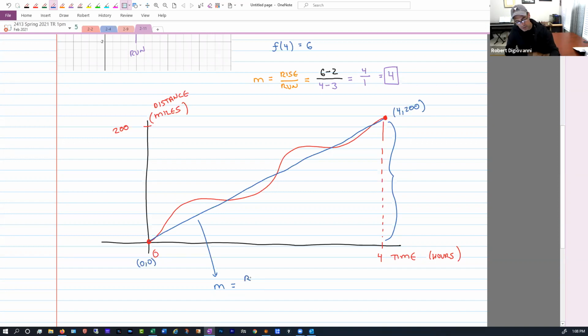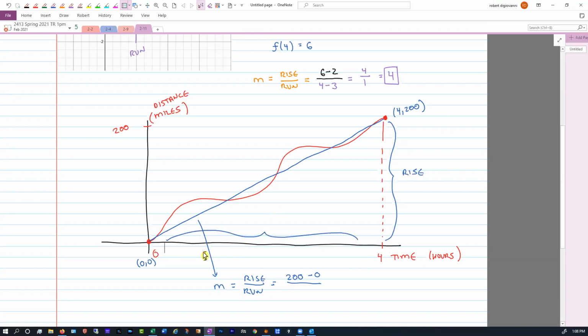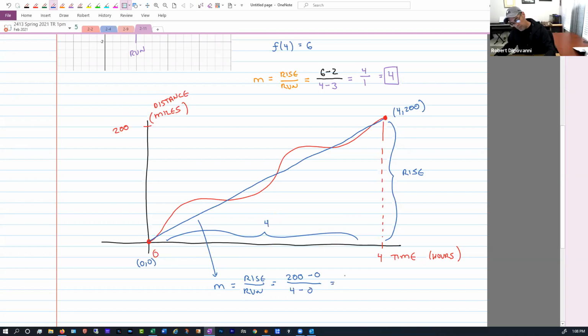So the rise should be 200, take away the height of this point, which is nothing, over the run. The run, which would be here, what? 4, take away 0, so just 4, right? So you get 200 over 4, which is 50.